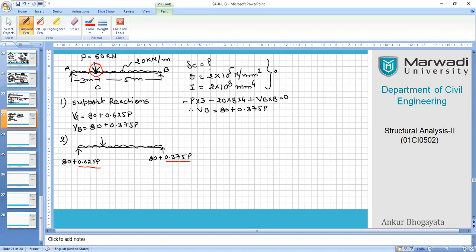So this is what I was discussing earlier, that if you total the UDL, it will be 160, right? So 8 into 20, that is 160, equally divided on each support. However, P will be divided in proportions according to the length. So here you have larger length, so it will be transferred here less, so that is 0.375, and here it will be distributed in a greater proportion. So it is 0.625 times P.